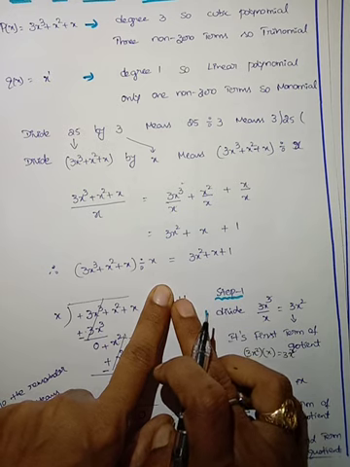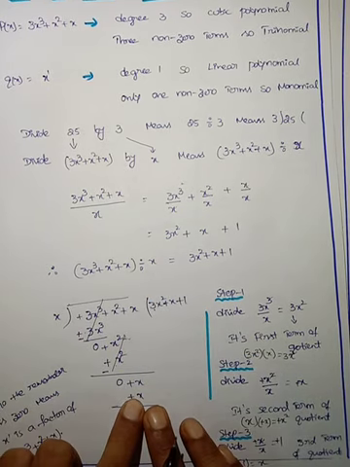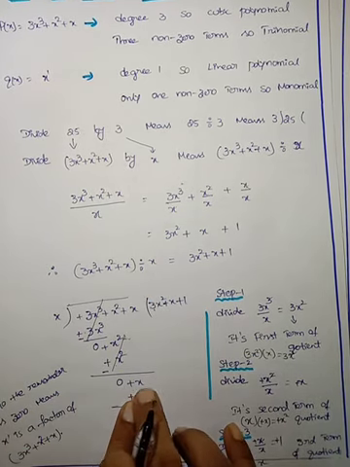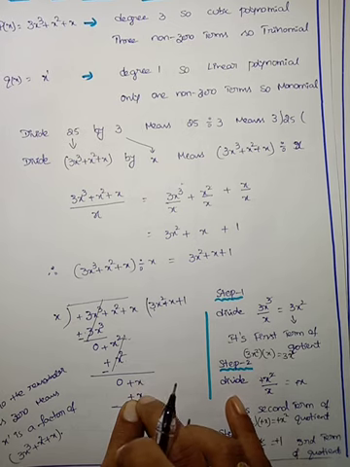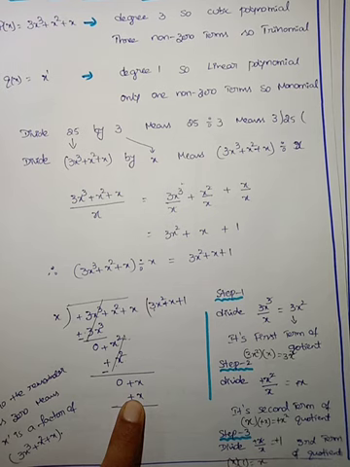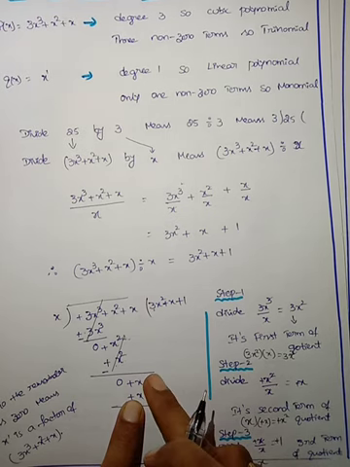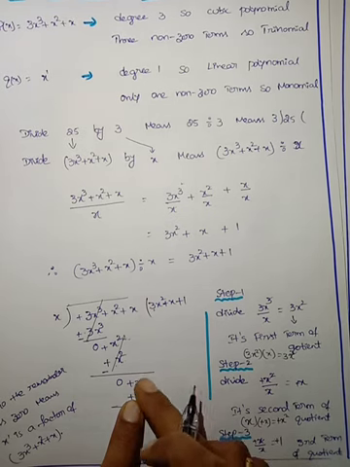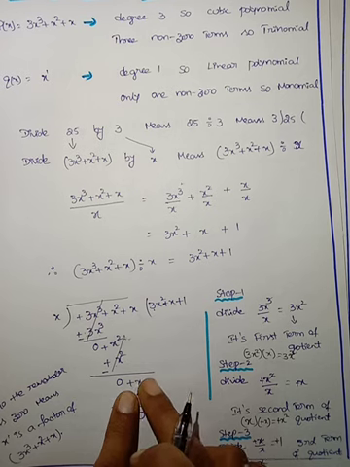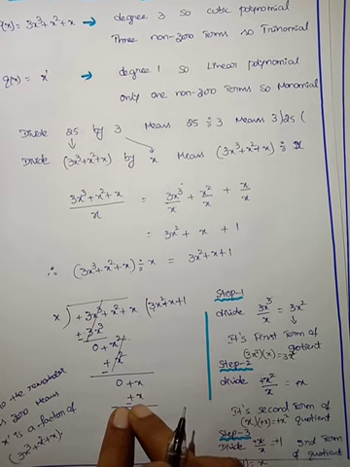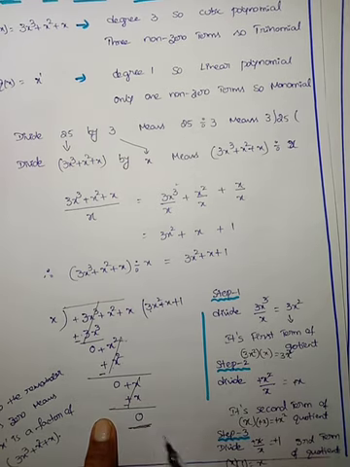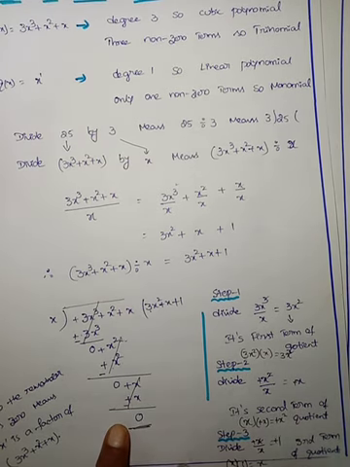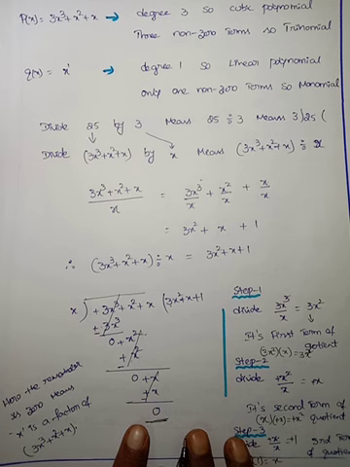You have to write that under the dividend, plus x. You have to subtract these two terms. Positive sign changes to negative sign. Both are cancelled. That is, the remainder is 0.